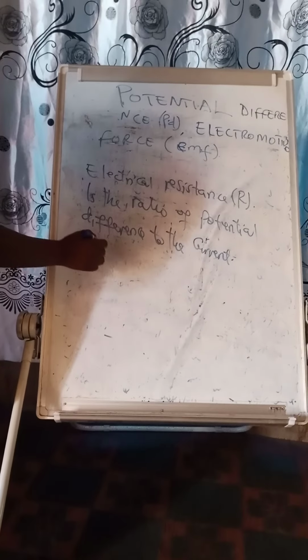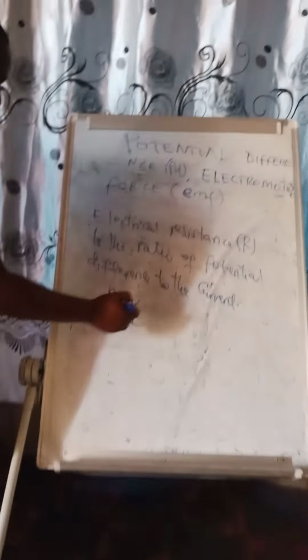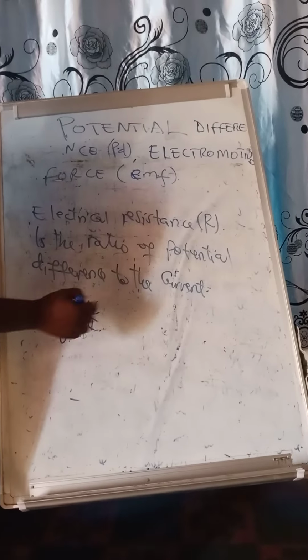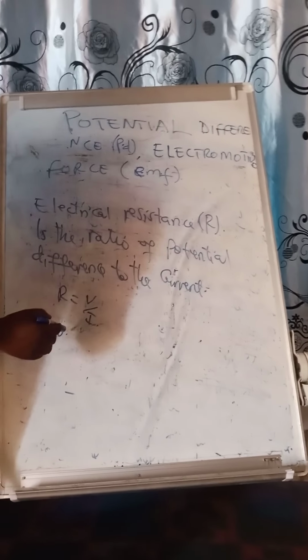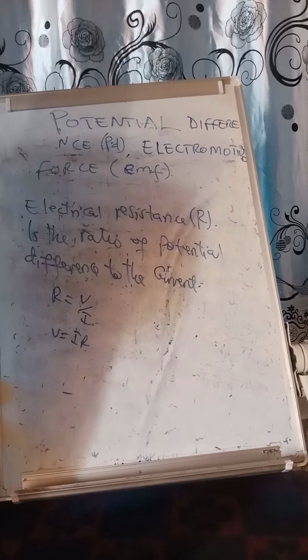So electrical resistance R is the potential difference V over the current I. So R equals V over I, so V will be equal to IR.